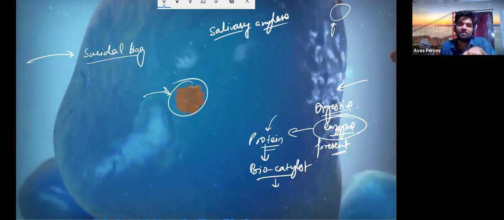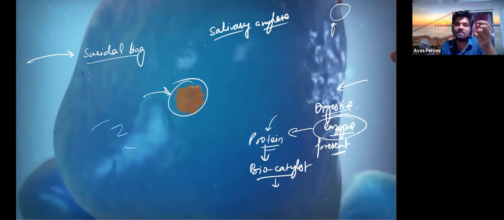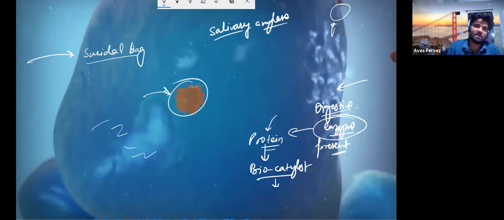For example, this garbage is collected by the lysosome, and then it gets digested with the help of the enzymes present in the lysosome. These lysosomes are filled with these enzymes. Got it?